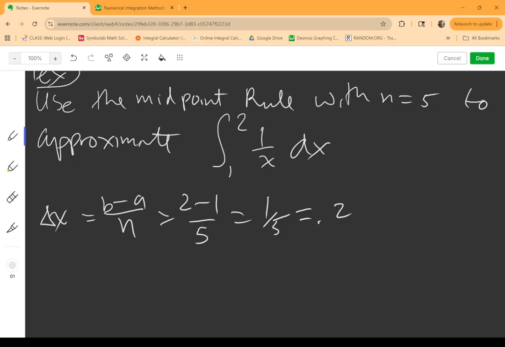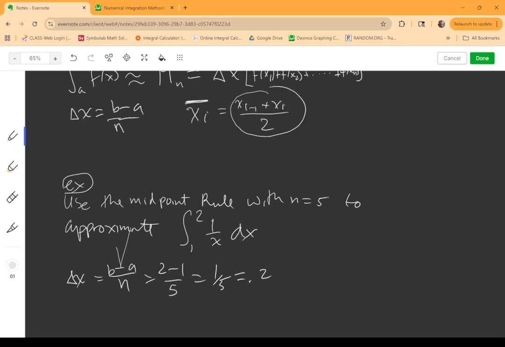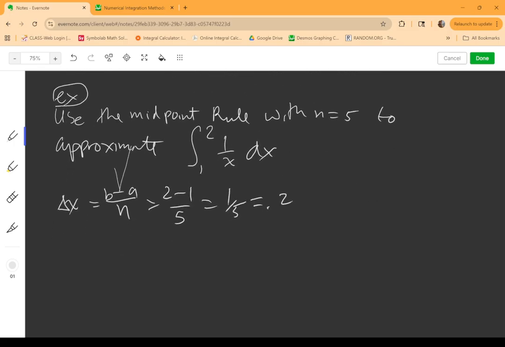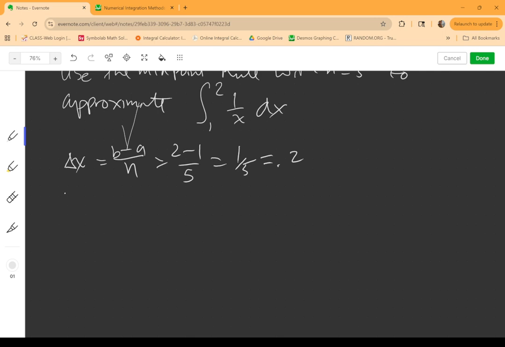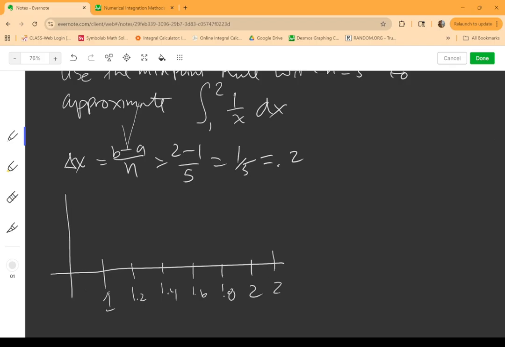Now our x sub i bar. First of all, what does this look like? We're looking at our interval from 1 to 2. If our delta x is 0.2, that means here our next one would be 1.2, adding 0.2 each step of the way: 1.4, 1.6, 1.8, and then lastly 2.